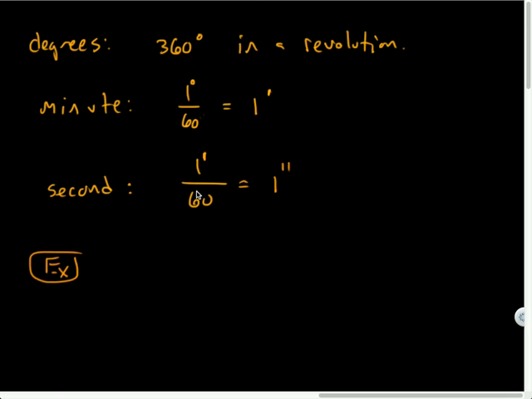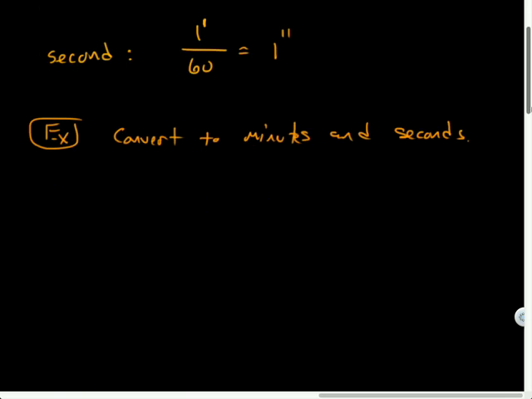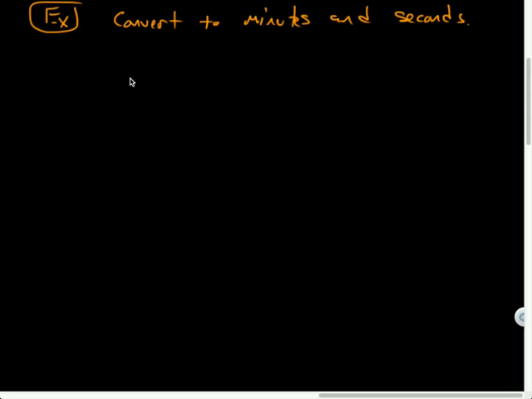I have mine convert to decimal, so it's degree only, but you can convert to minutes and seconds. I think the bell's going to ring soon. The homework's on the board, though.